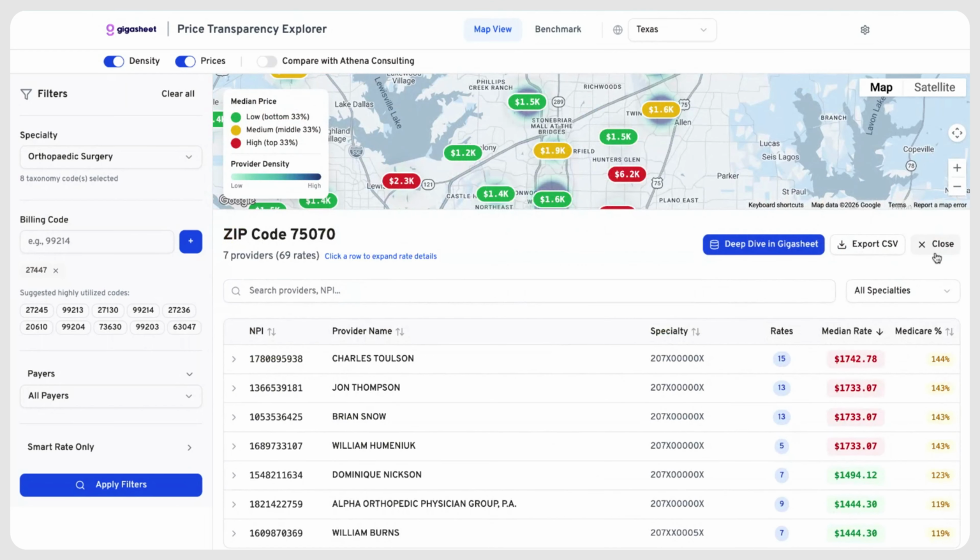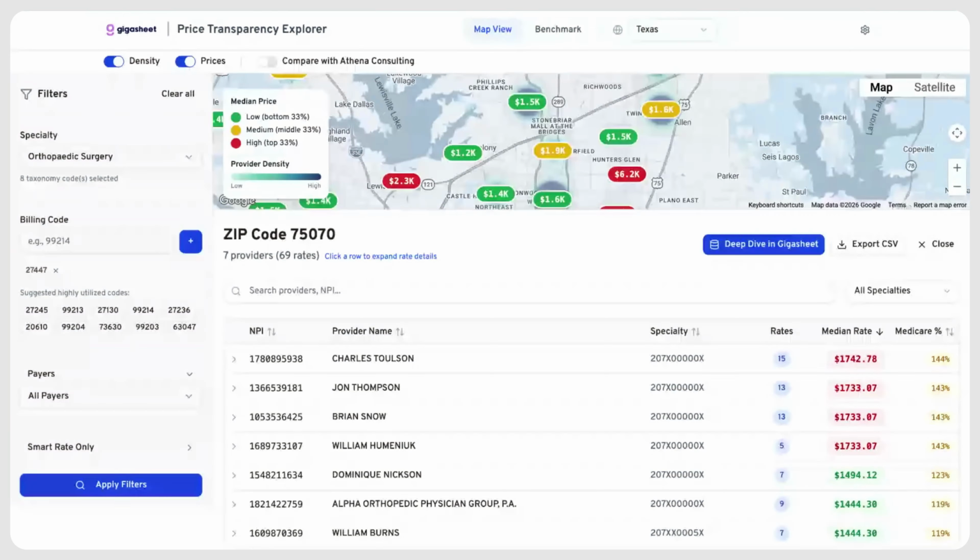In addition to individual rates, we also have organizations like this Alpha Orthopedic Physician Group. We could drill into their rates as well, but let's flip over and benchmark these guys. For this total joint replacement, their rate is more moderate at $1,400 as opposed to some of these others in their immediate vicinity that are higher.